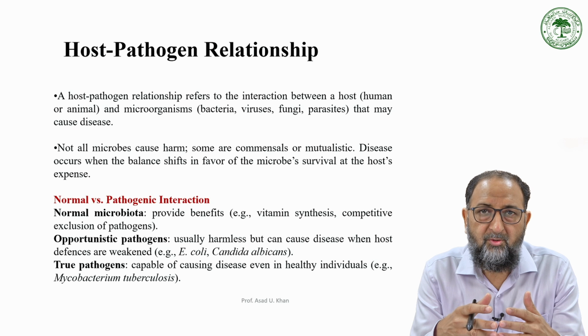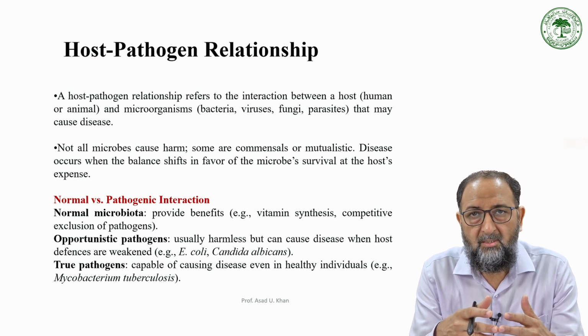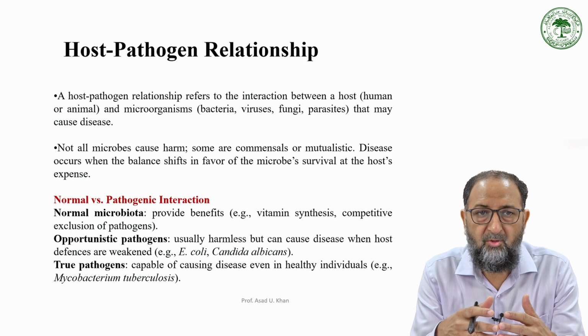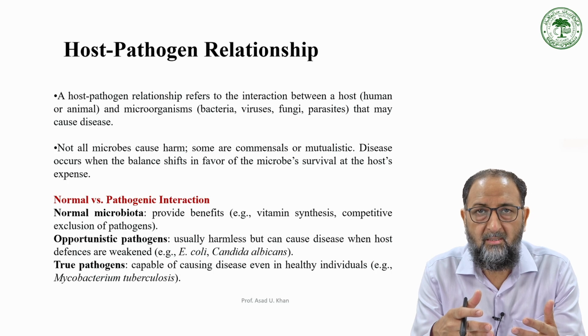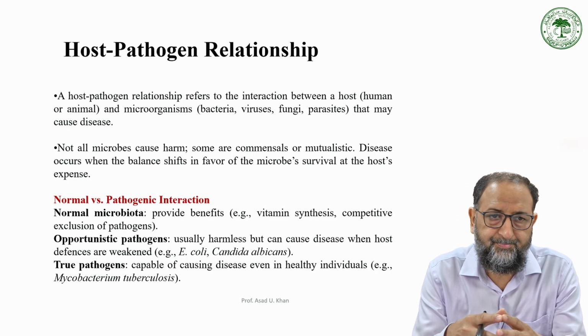The Koch's postulate, if you remember in my earlier lectures when we talked about the microbial history, there we talked about the host parasite relation and establishment of disease or infection, which was postulated by Robert Koch.